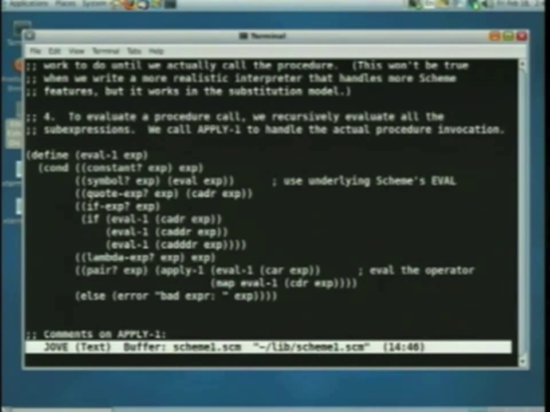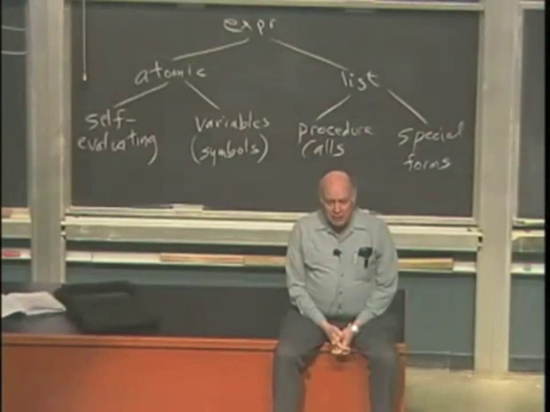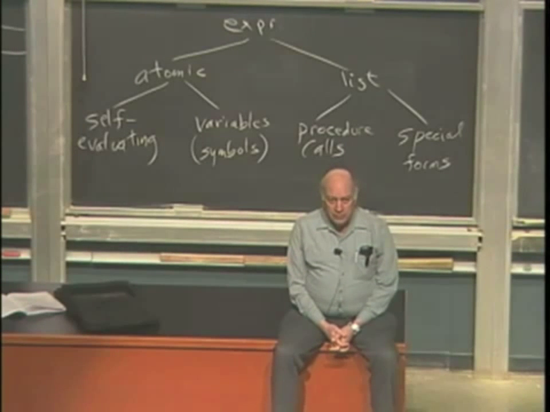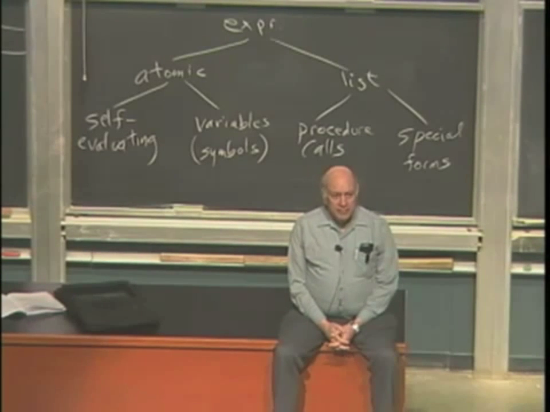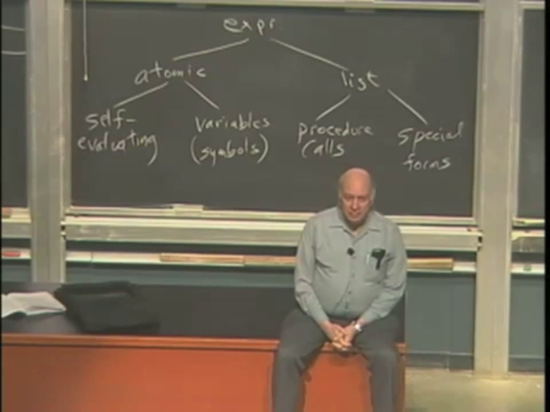Now, why isn't this cheating? Imagine that for homework, you have to write an interpreter for Java in Scheme. That would be a little much for homework. Maybe a project.